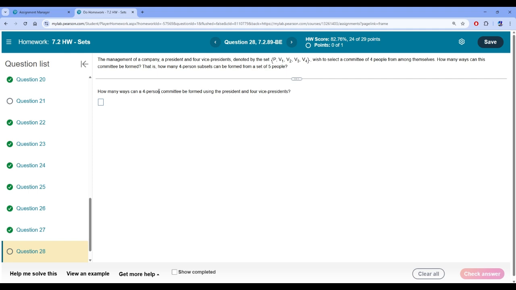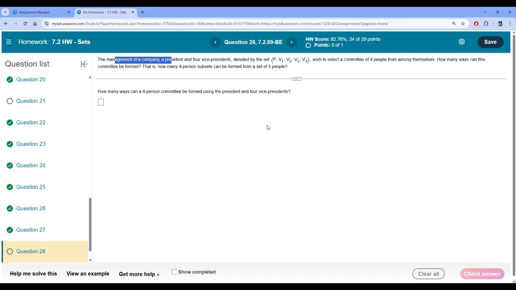How many ways can a 4-person committee be formed using the president and 4 vice presidents? Management of a company, a president and 4 vice presidents, wish to select a committee of 4 people from among themselves.